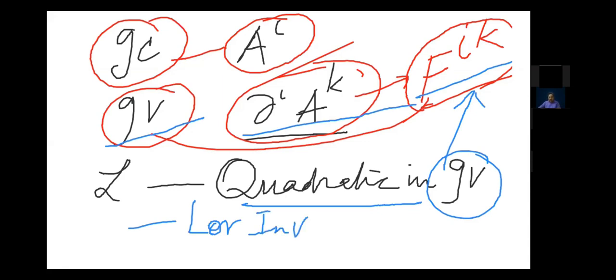So you have to satisfy all these conditions in order to construct the Lagrangian for the field, and it can be done like you can write this F_ik, and with this F_ik, you can construct a Lorentz scalar quantity or Lorentz invariant quantity as F_ik F^ik.